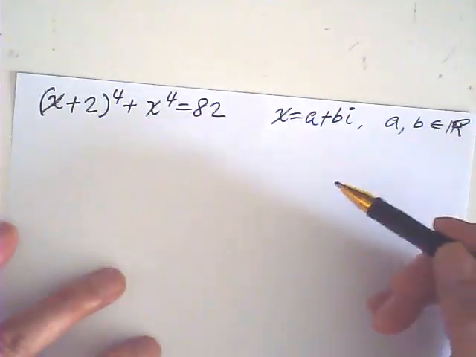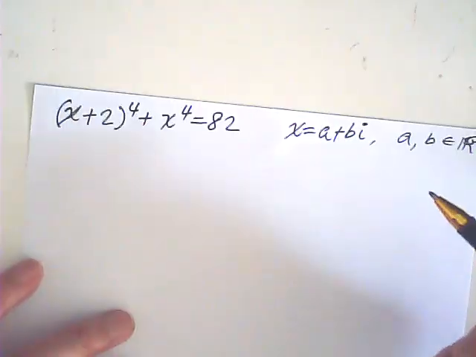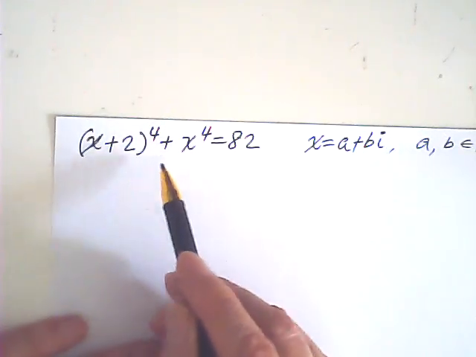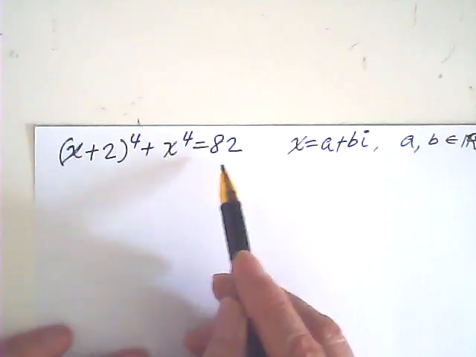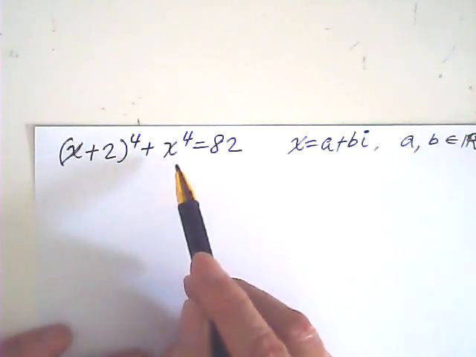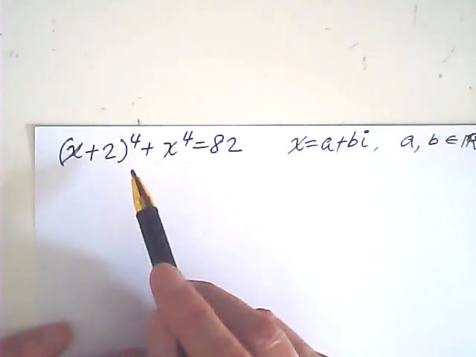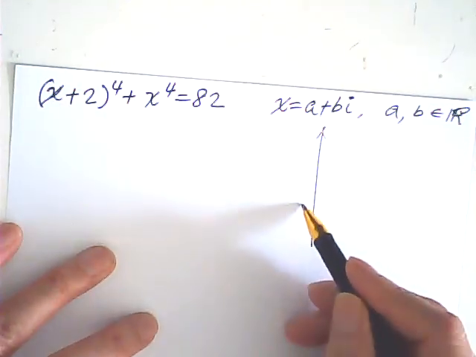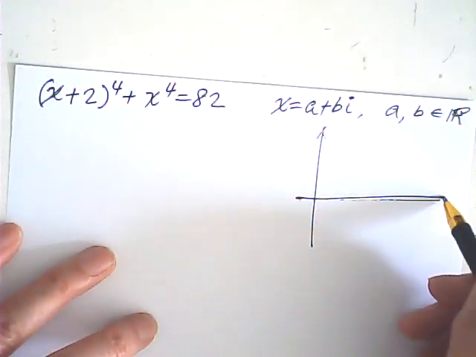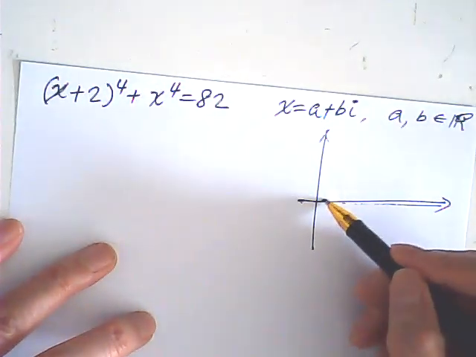Now then, since the sum of these two numbers is a real number, these two numbers must be symmetric with respect to the real axis. So this must be the case.